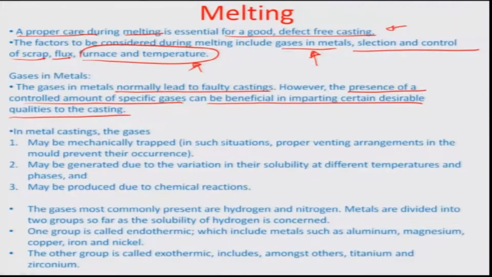of the casting. How do gases get trapped into the metals?